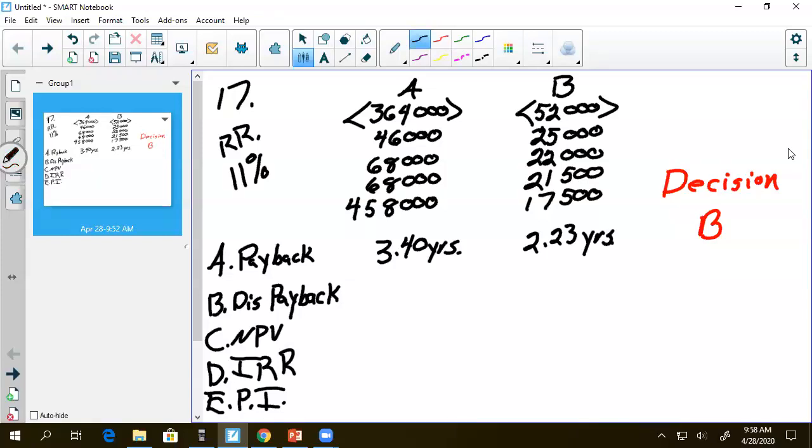Okay. Now, discounted payback. And understand with discounted payback, we're discounting the cash flows and we're just calculating the payback period again. So, what is our discounted payback period for A? Anybody? I had 3.72 years.